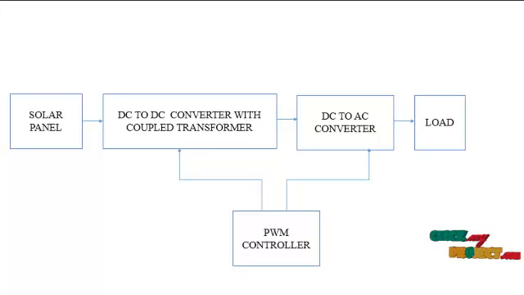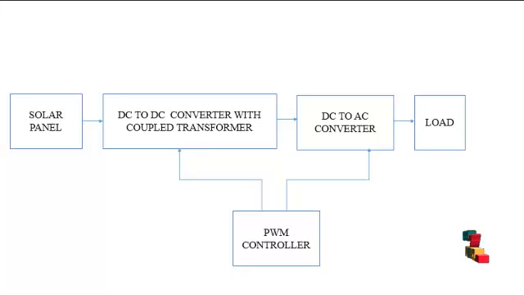That converter block boosts the voltage and feeds it into the DC to AC converter, and both the DC to DC boost converter and the DC to AC converter are triggered from the PWM controller.